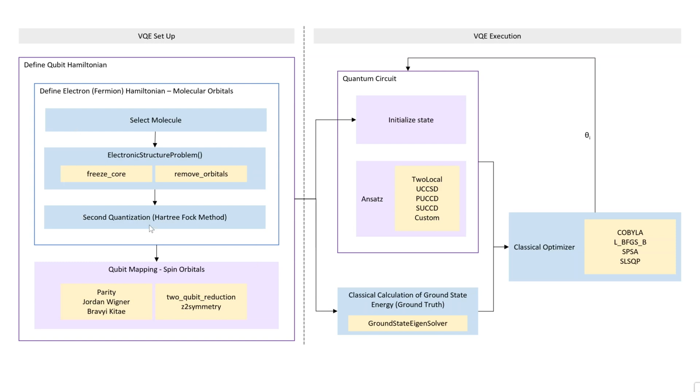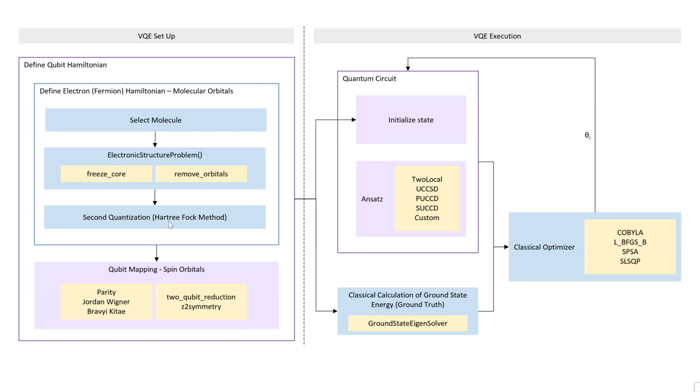Within the electronic Hamiltonian, we are going to go through the steps of selecting the molecule, which in exercise 5 is lithium hydride. Then we need to set up the electronic structure problem, and we'll talk about some of the useful tools that we had, like freeze core and remove orbitals.